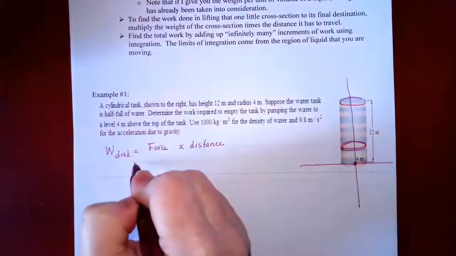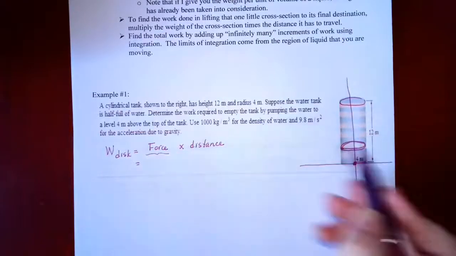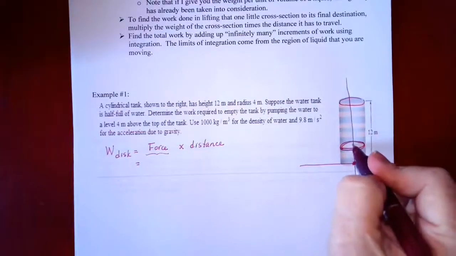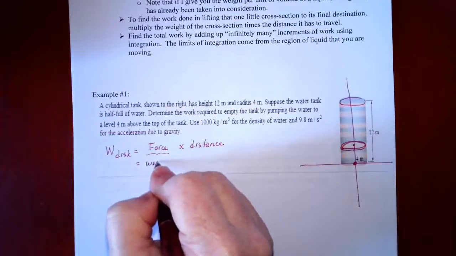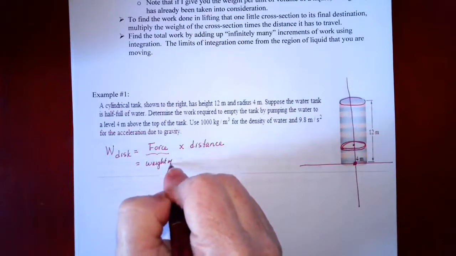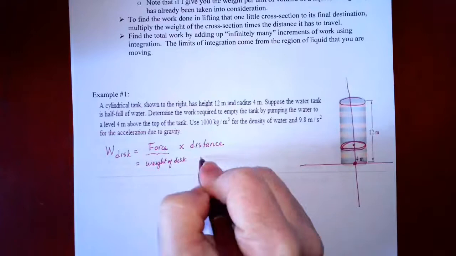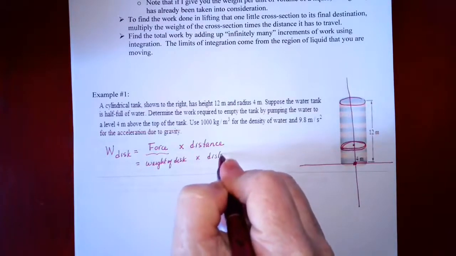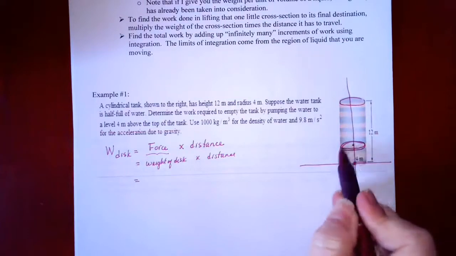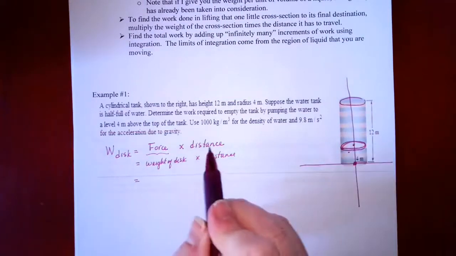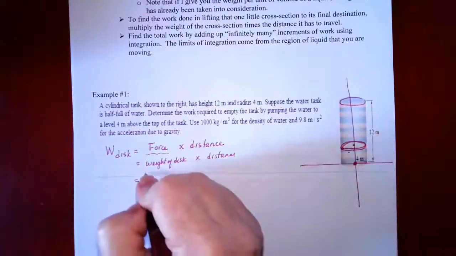Okay, now the force required to lift this little disc of water is the weight of that disc of water. How do you find the weight of that disc of water? Well, we take its volume times density times gravity.